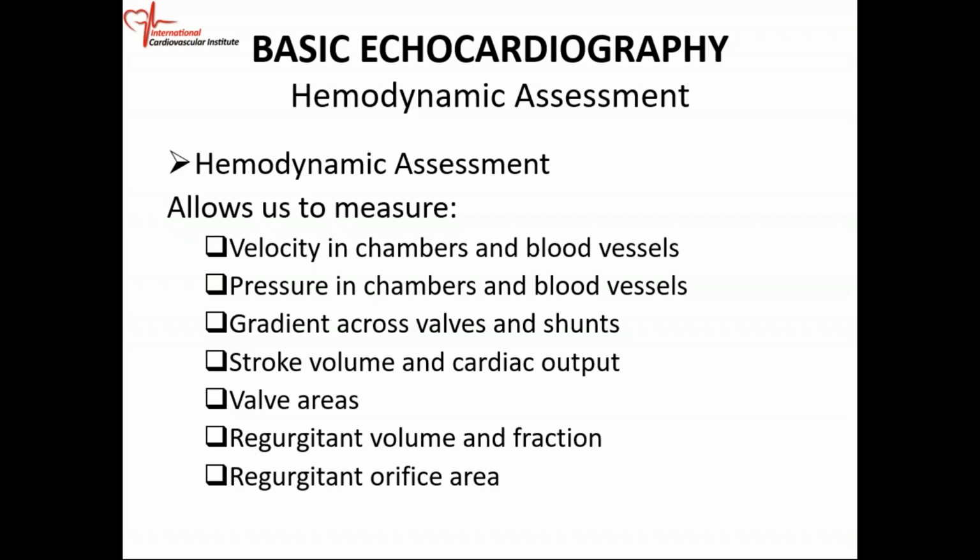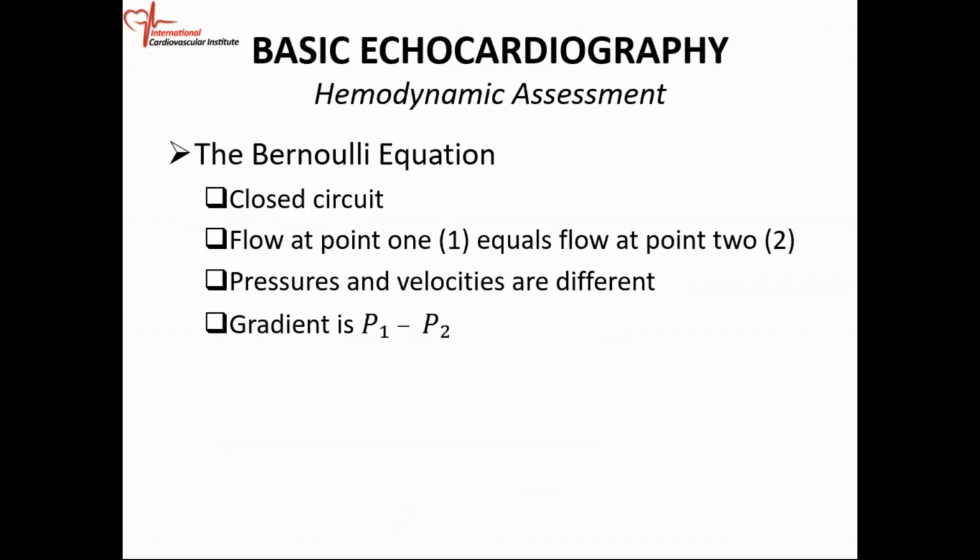So your regurgitant volume, regurgitant fraction, and regurgitant orifice area are parameters that we use to assess the severity of the regurgitation. These are all hemodynamic principles. Hemodynamics basically is involved in more than half of your echo studies.